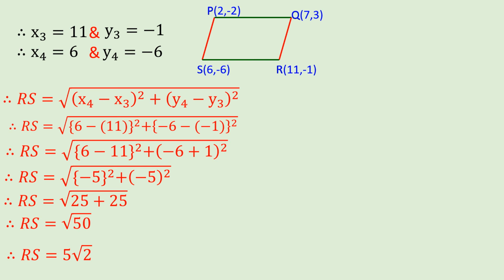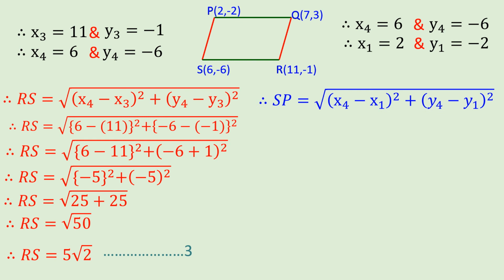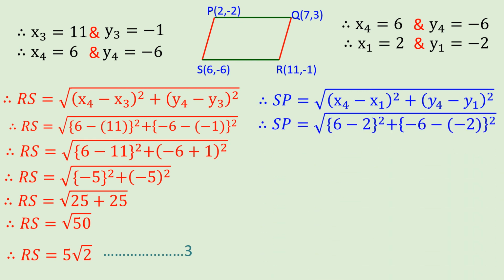Now we have PQ, QR, RS. One more side is left, PS. So let us find PS. Again the same way: formula, substitution, simplification. 6 minus 2 is 4, and minus 6 minus of minus 2 will become minus 4.